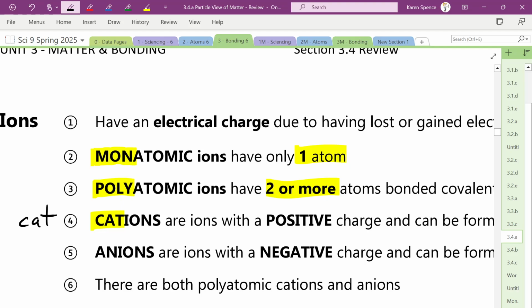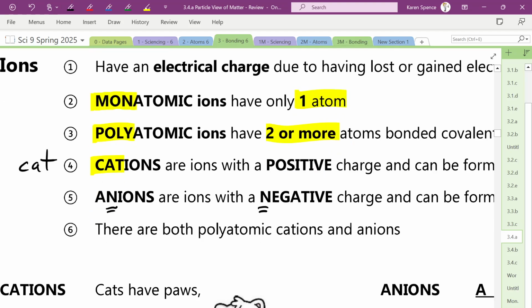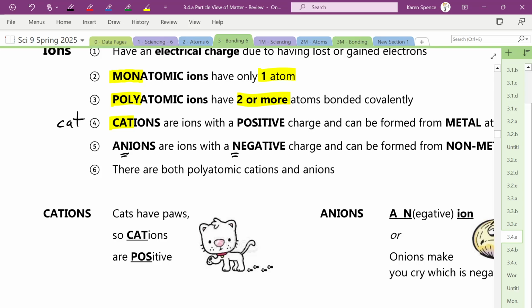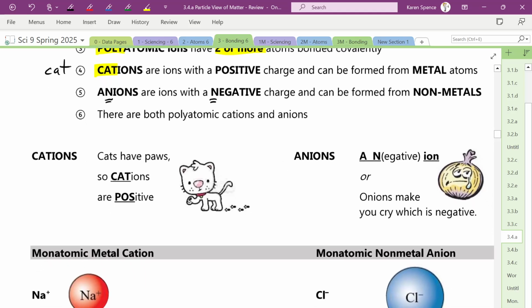Cations are positive. Anions are negative. We got that N in there. And you can have polyatomic and monatomic cations and anions. Cations are positive, anions are negative.